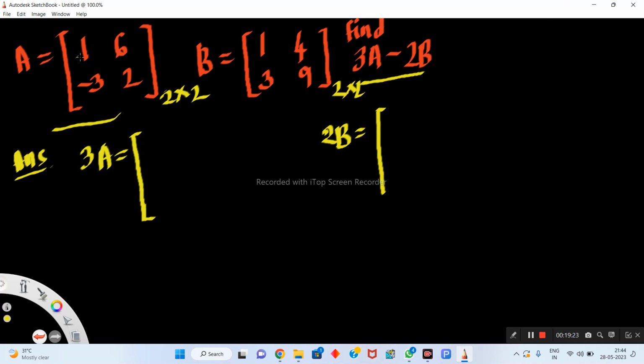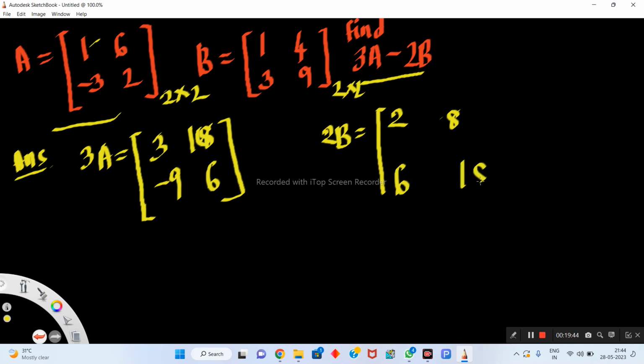We should multiply 3 with this A matrix. 3 ones are 3, 3 sixes are 18, 3 threes are 9, 3 twos are 6. So this is 3A. And 2B, we need to multiply 2 with B. 2 ones are 2, 2 fours are 8, 2 threes are 6, 2 nines are 18. This is 2B. We are having the value of 3A, we are having the value of 2B. We need to subtract them, we need to make the difference of these both values.